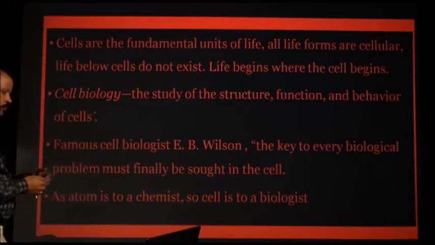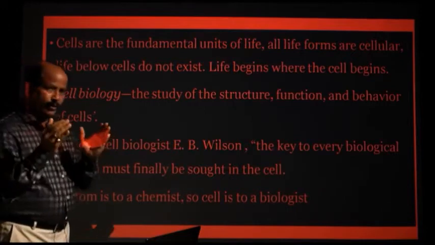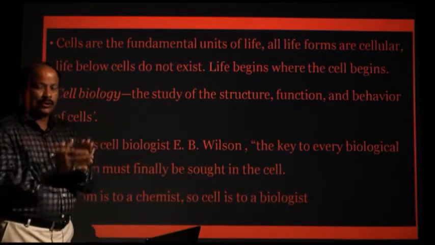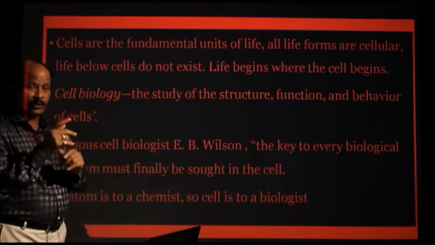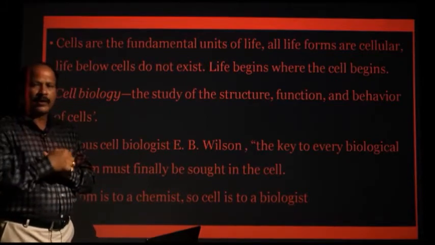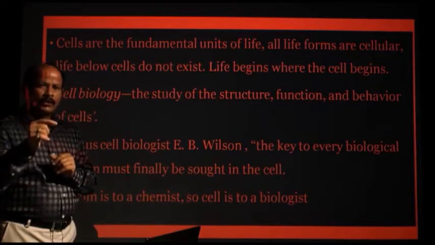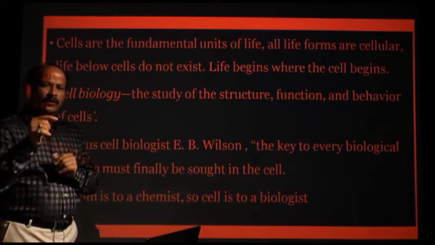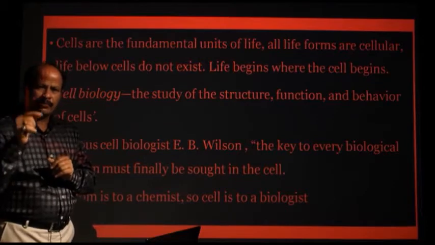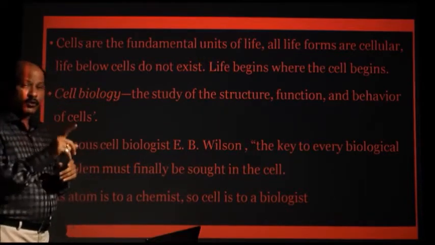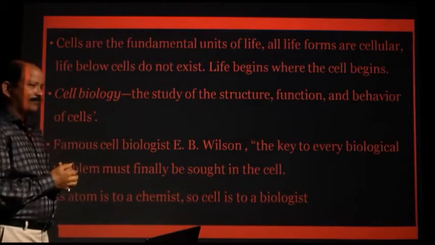Therefore, one unit, at least covering 20 classes or so, is given to cell biology, because we have to understand what cell is, because all biological explanations of life can be given if we understand cell structure, function, relation.